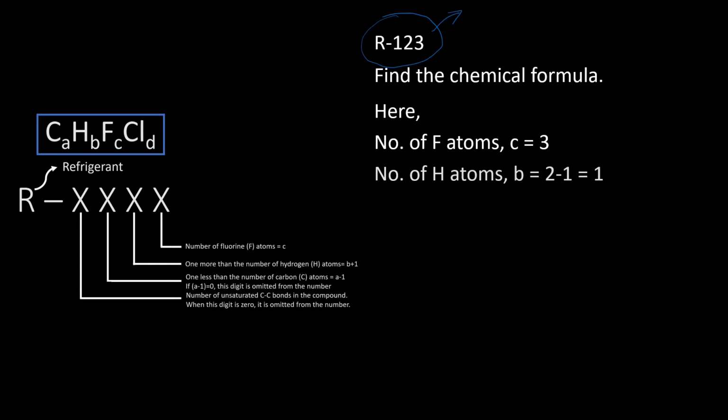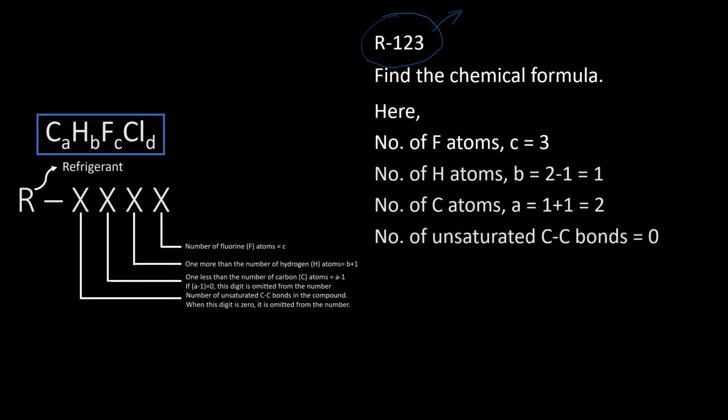Hence, the number of hydrogen atoms is equal to 2 minus 1, that is 1. The third digit from the right is 1. Hence, the number of carbon atoms in the compound is 2. There is no fourth digit from the right, which means it is equal to 0. Hence, the compound has no unsaturated carbon-carbon bonds.